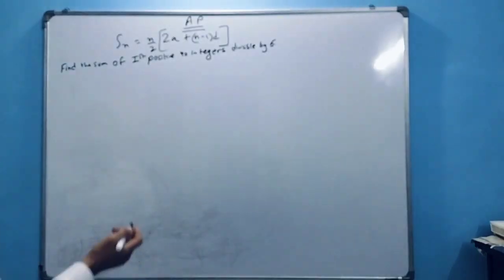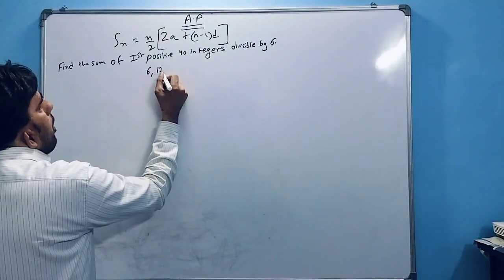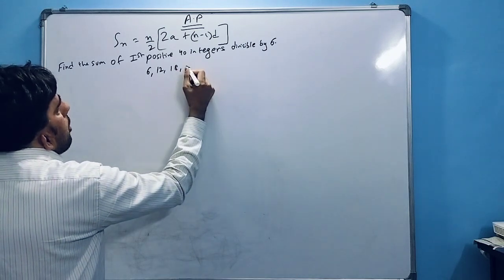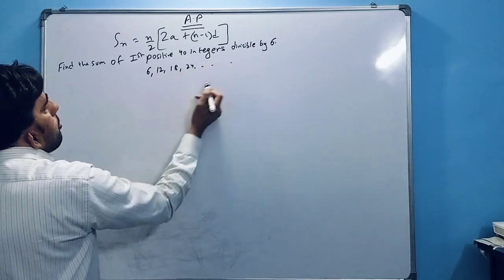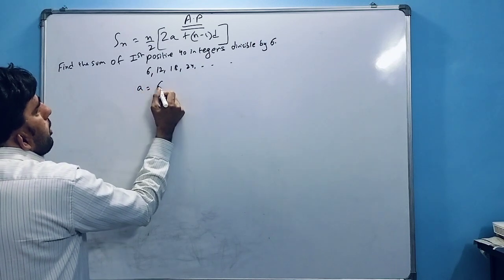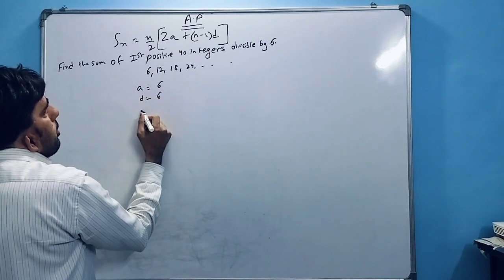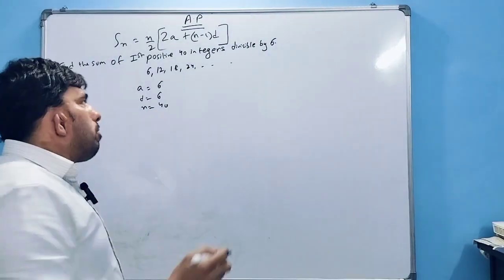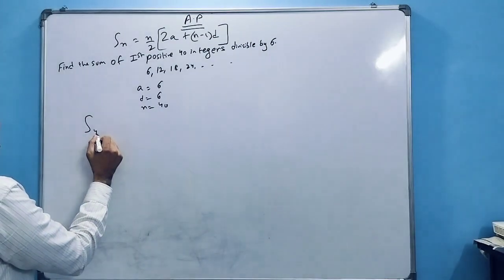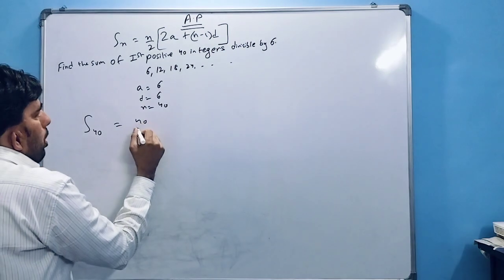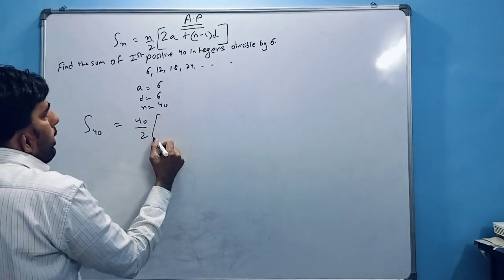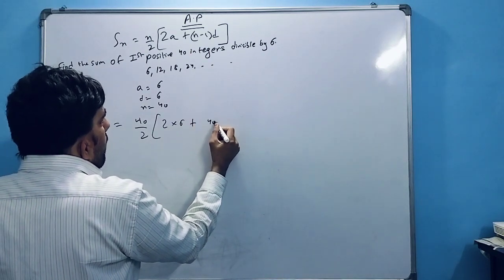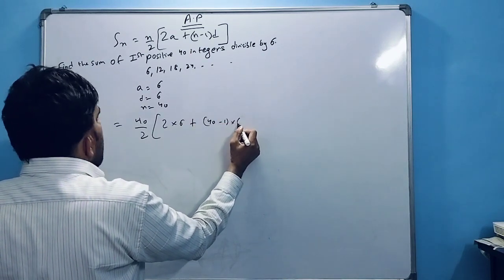So the first one will be 6, then 12, then 18, then 24, like this. Okay. So here we have a as 6, d we have 6, and n we have 40. We need to find the sum. Very easy. Just we need to put the values here, that is 40 upon 2 into 2 into 6 plus 40 minus 1 into d, we have 6.